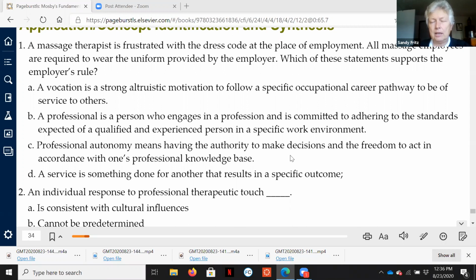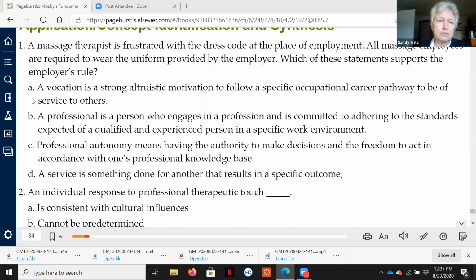Now, ethically, you're always going to do what is the right thing. And an employer can't ask you to do something illegal or unethical. But they can tell you that you have to wear a certain uniform as long as it is a proper uniform.